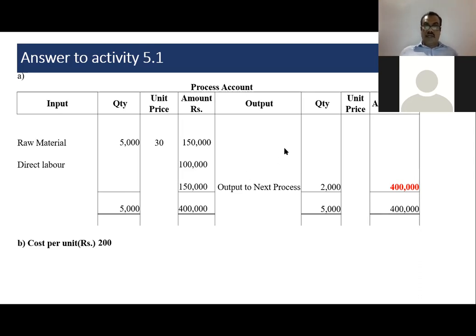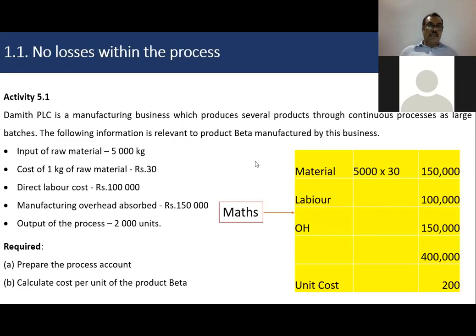Now I'll answer this particular question. The question is: what does it mean by no losses within the process? No losses in the sense, we'll take the same example. 5,000 kilograms introduced. Assume the question tells you additional information: in order to produce 1 unit, you need 2.5 kilograms of material, and you are told that 5,000 kilograms were used.